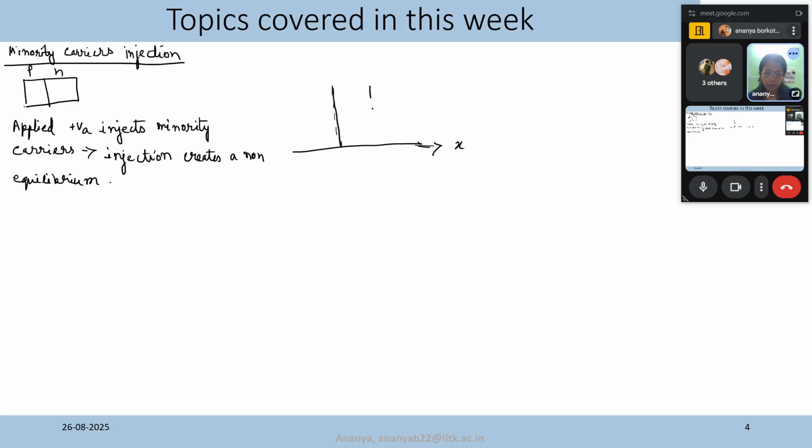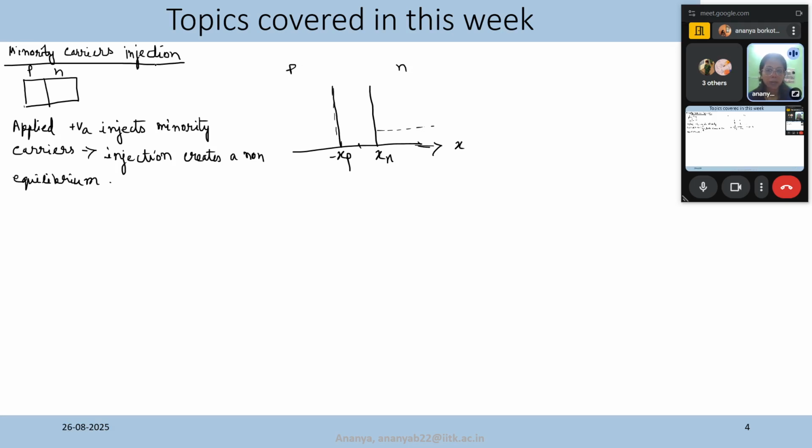So this is the edge of the depletion region in N side, this is the edge of the depletion region in P side, this is 0, and this is our equilibrium. So this is P side, this is N side.